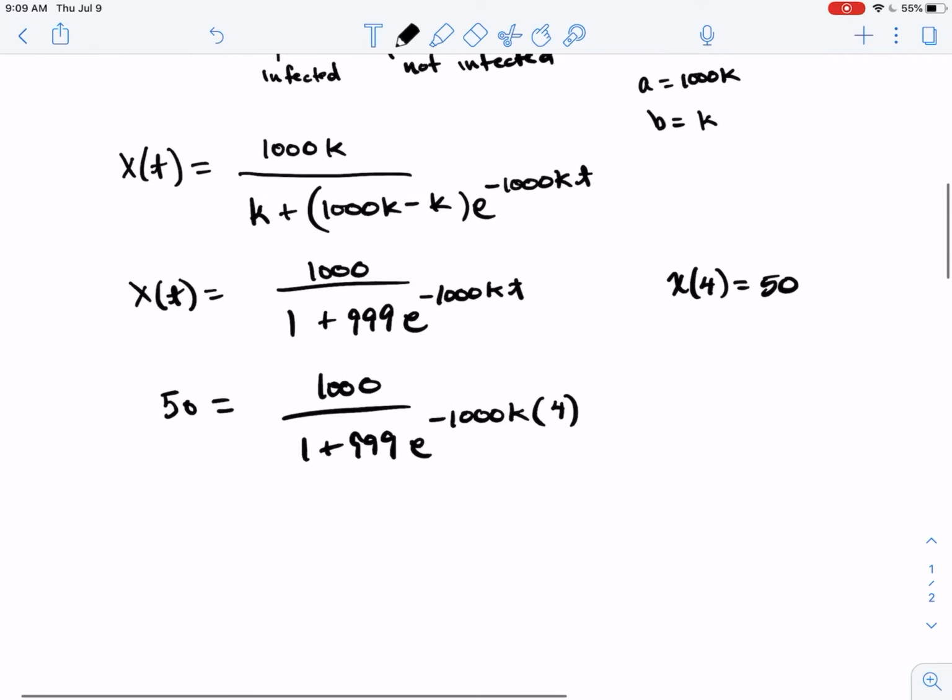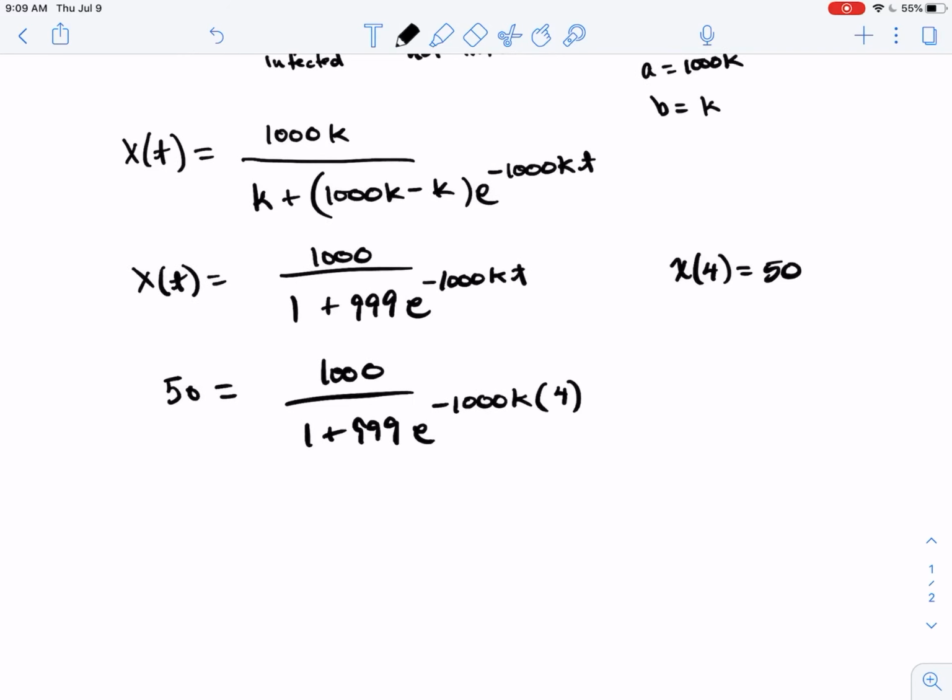Okay, so we need to solve for k. So let's multiply by the denominator here. So I get 50 plus the 999 times 50, e to the negative 1,000 k times 4 equals 1,000.